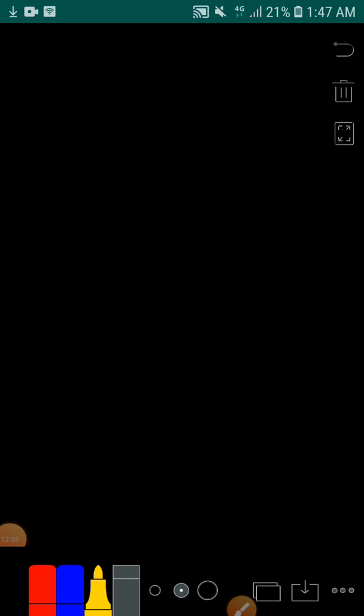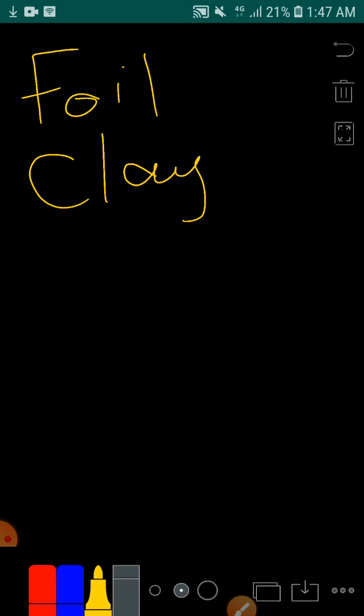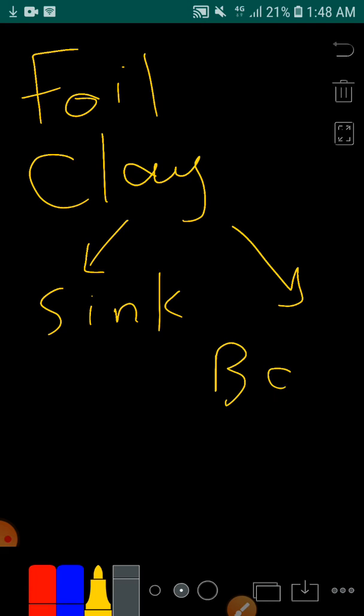Also, we talked about foil and clay. They sink, but when they have a boat shape, what will happen to them?